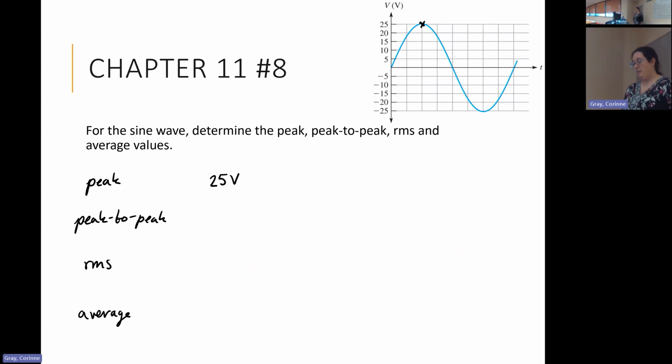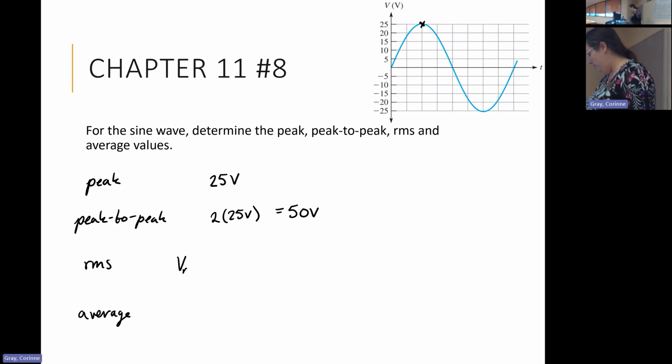All right, how do I get the peak to peak value? All right, so for RMS here, what should be the value I am multiplying by my peak value?